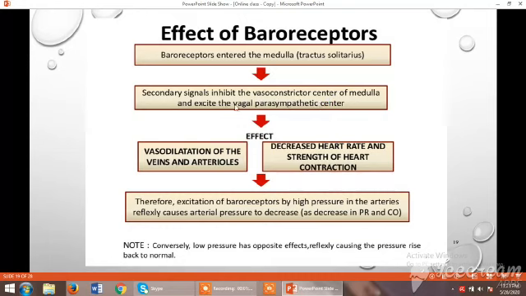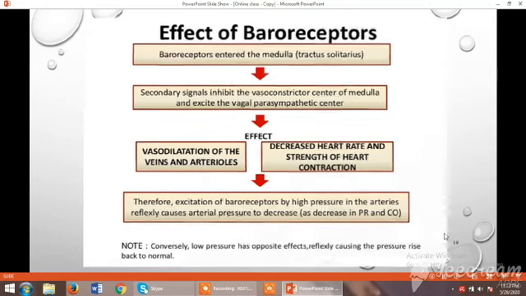Vasodilatation of the veins and arteries, and a decrease in heart rate and strength of heart contraction. So excitation of the baroreceptors by high pressure in the arteries reflexly causes arterial pressure to decrease. As you know, vasodilatation decreases peripheral resistance, and ultimately blood pressure decreases.